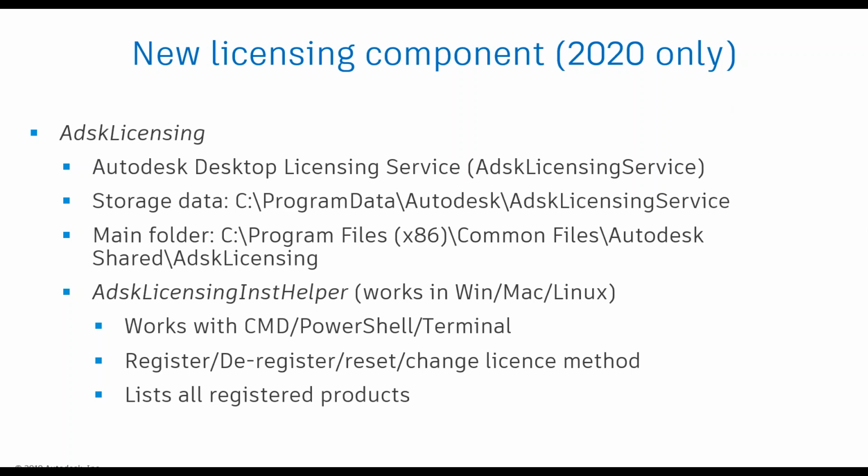It also gives us the possibility to manually register the software and to reset our license. If you remember, in the past we would need to delete a few files to reset the license for a single user software. Now it's done with just a simple command through the command line, PowerShell, or terminal, depending on the operating system we are working on.